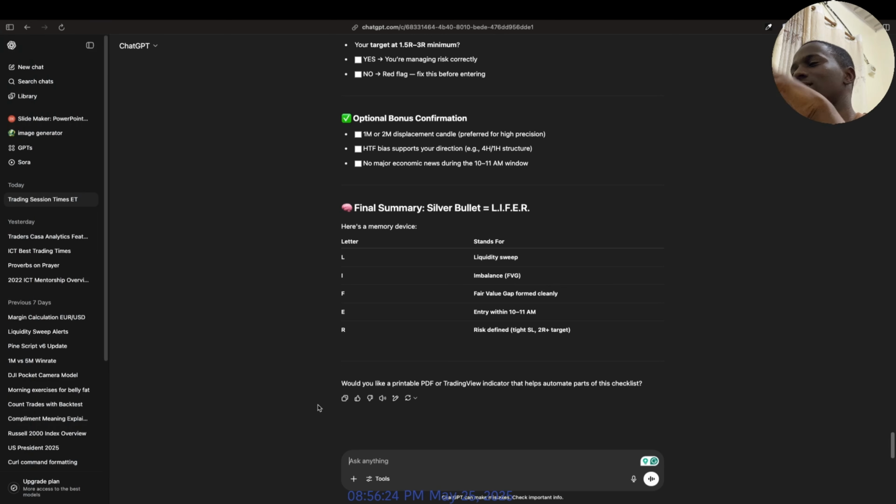Okay, how about we ask it to write a Pine script that will show a sweep and a first clean fair value gap formed in the 1 minute. So write a Pine script to show a clear sweep and a fair value gap for the silver bullet in the 1 minute.